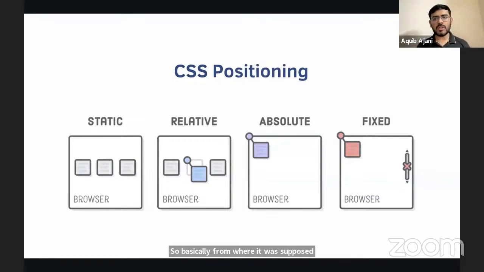Then absolute positioning is where we move it from the top of the page, right? So basically with respect to the page boundary. And then sticky and fixed are values which will basically make the element fixed on the page. So fixed would mean it stays there. Sticky would mean it even scrolls along with the page. So this is what we have discussed already.